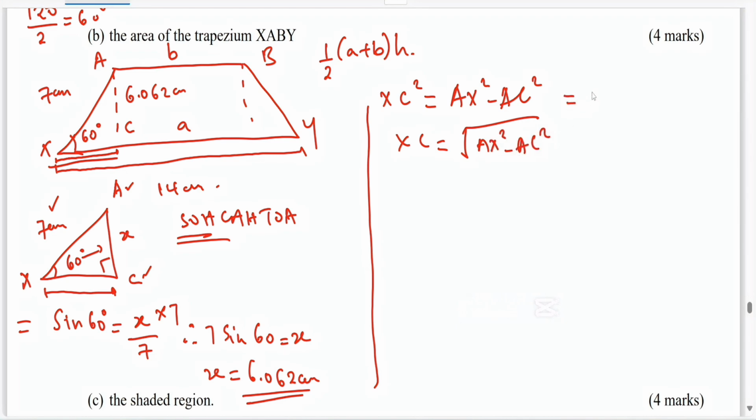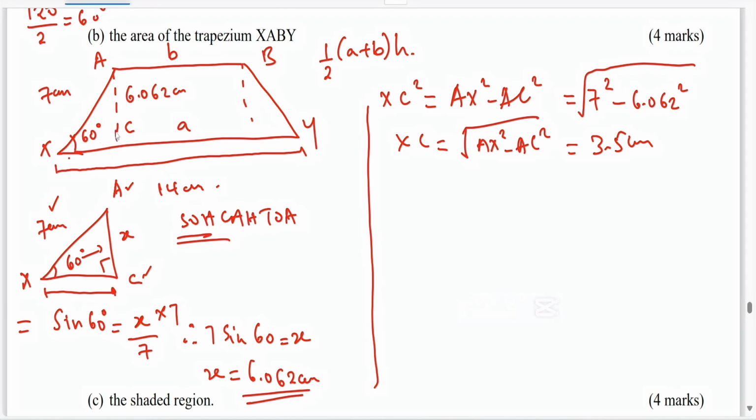So we take the hypotenuse, which is 7 squared minus 6.062 squared, then we take the square root. Okay, so it is 7 squared minus 6.062 squared, then its square root will give you 3.5. So you know 3.5 centimeter. Now obviously you know this is 3.5.